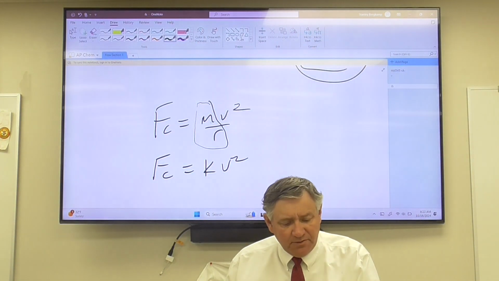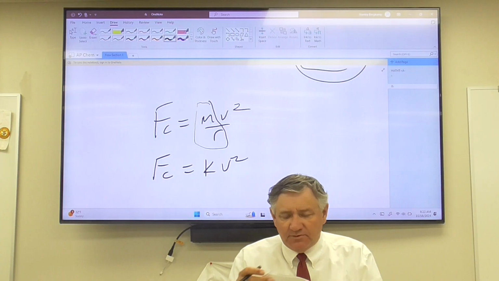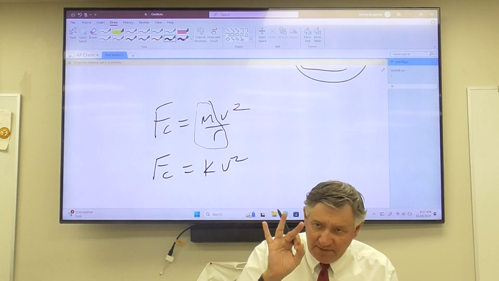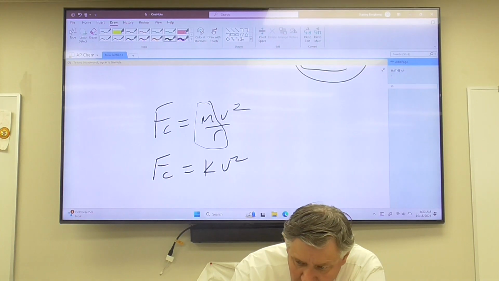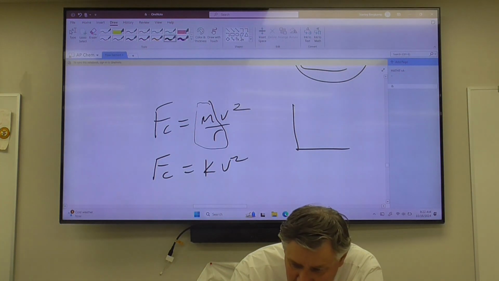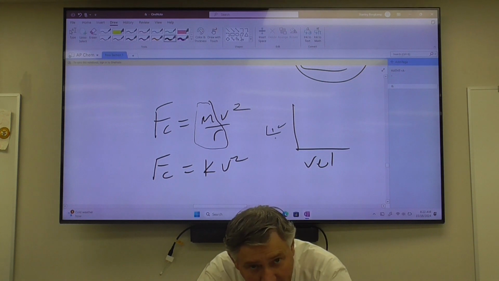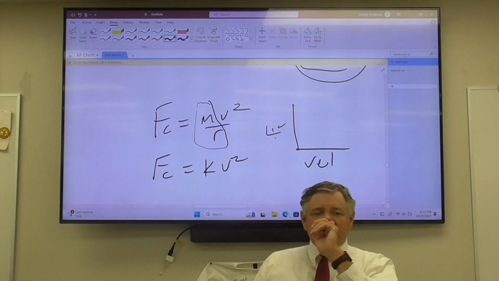So over here on page 2, you're going to end up drawing a total of 3 different graphs. On trials 1 through 4, we're going to put velocity on the x-axis, and centripetal force on the y-axis. Now, here's the story.